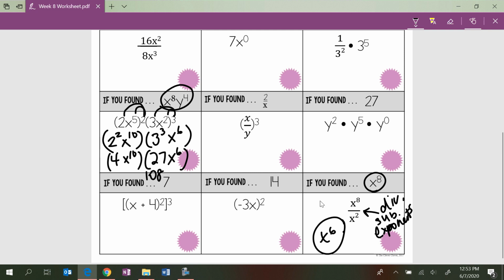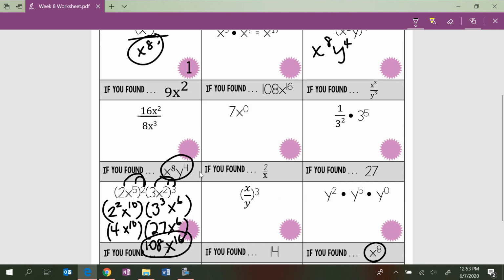And remembering that when we multiply variables with exponents like this, as long as it's the same variable, I'm going to add my exponents. Just like how division subtracts exponents, here we're going to add. So 10 plus 6 gives me x to the 16th power. That's going to be that answer, and here it is right here.